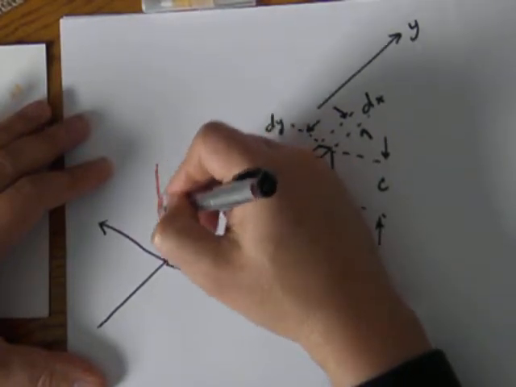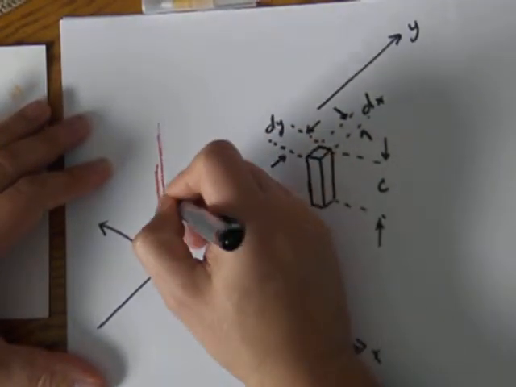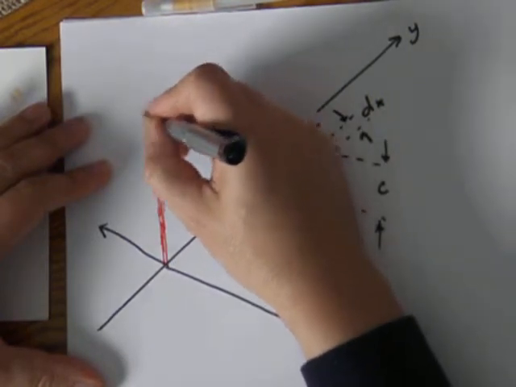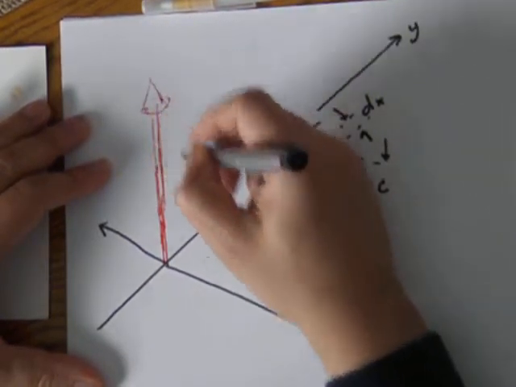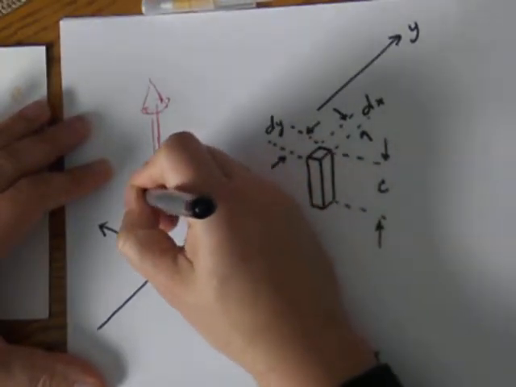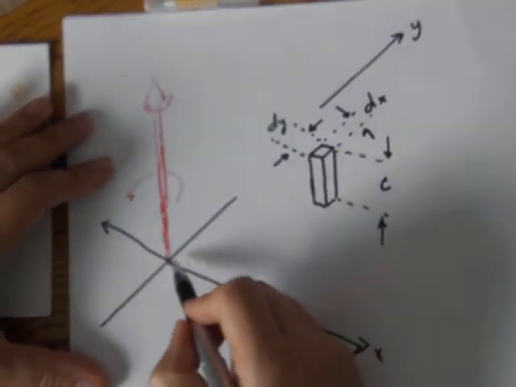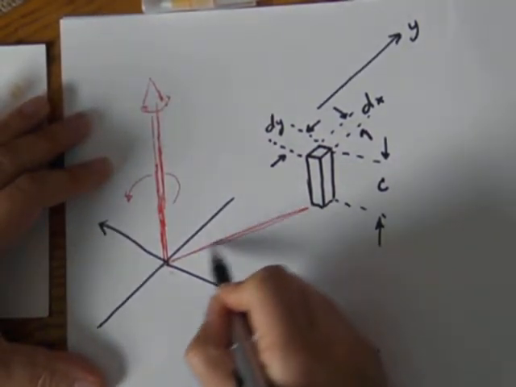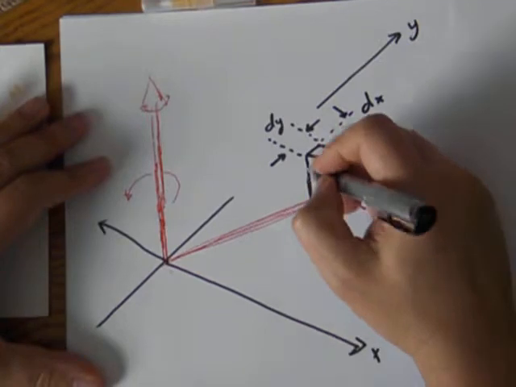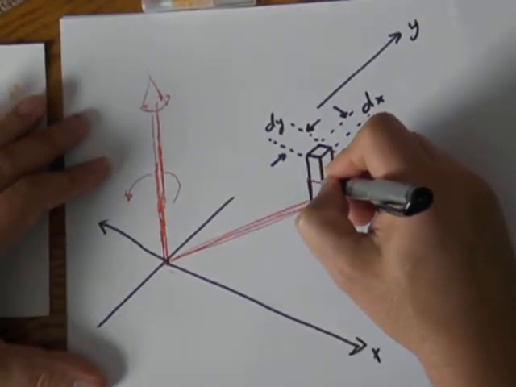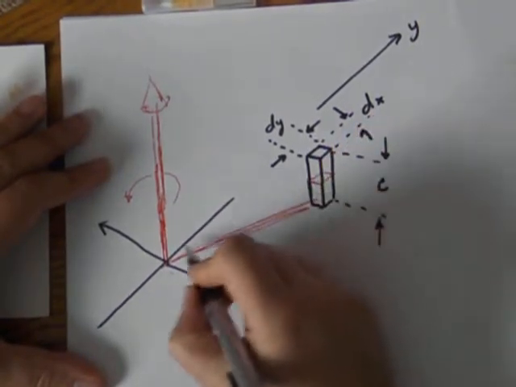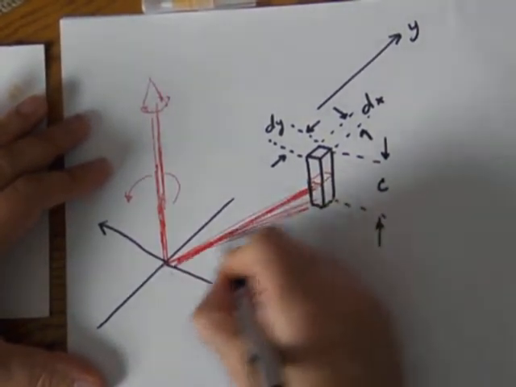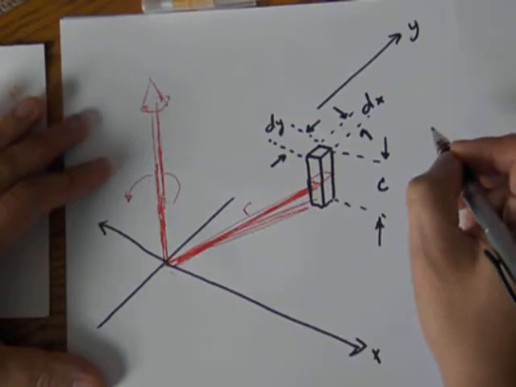We're going to be spinning about this axis, kind of coming vertically up like this, and we're going to be spinning around like that. So we need this distance r to this slab. Now remember that the xy plane actually goes through here. So it's that distance that we're looking for, and that's the distance we're going to call r.